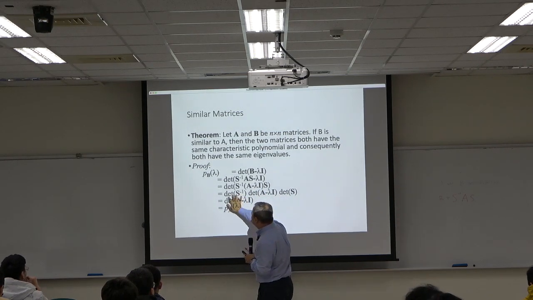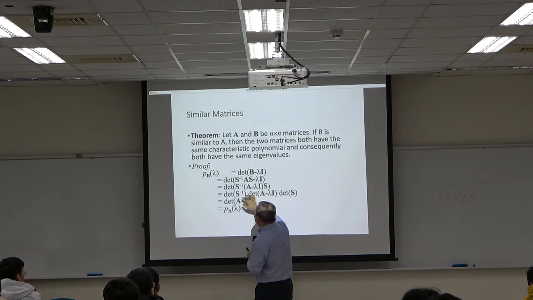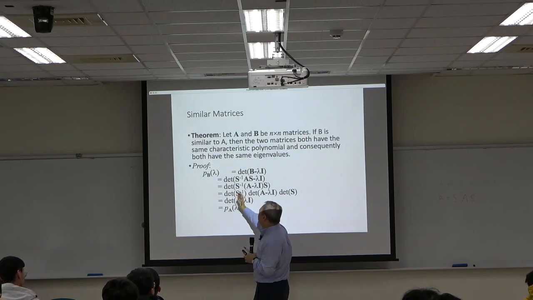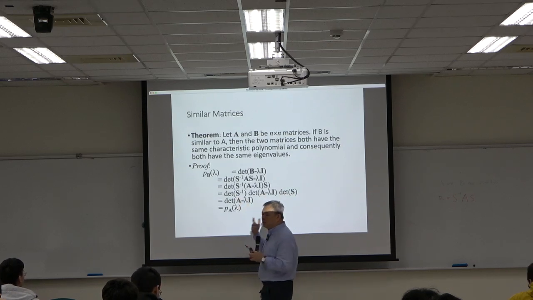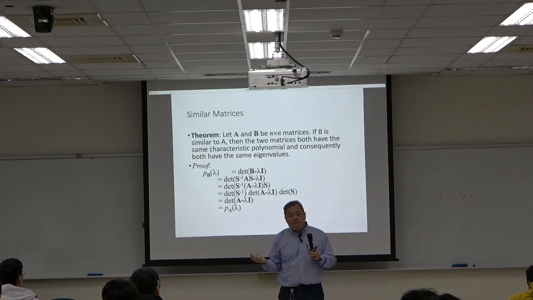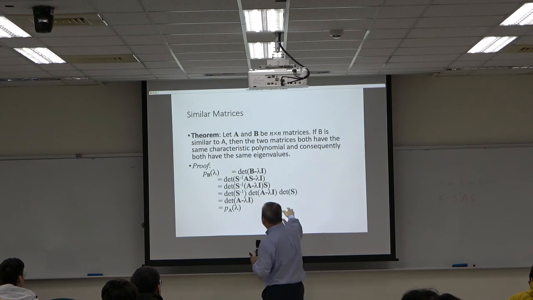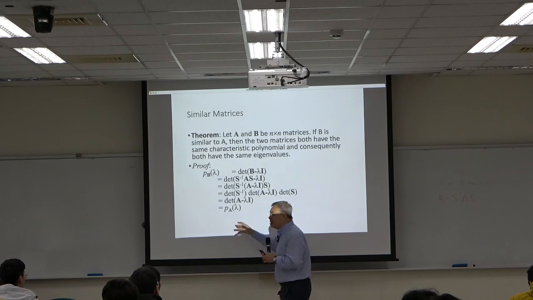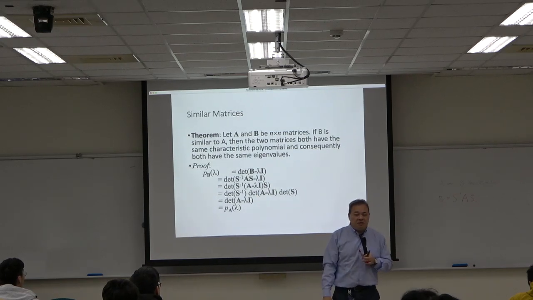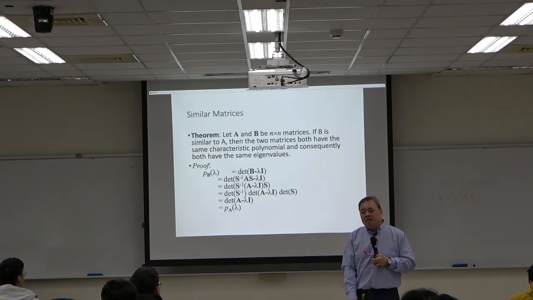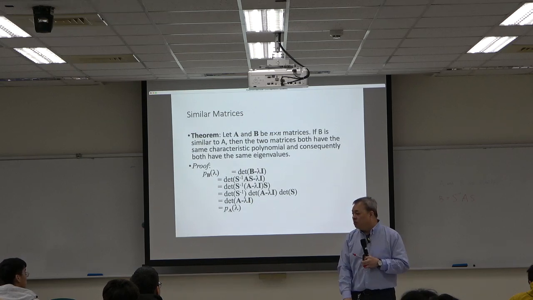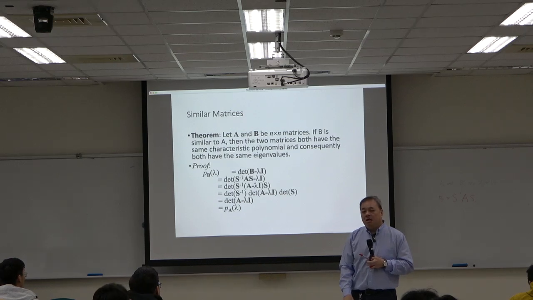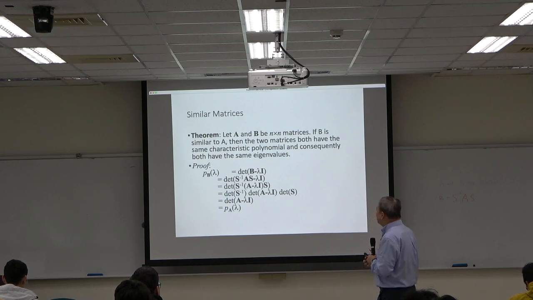But because the determinant of S inverse and the determinant of S multiply to be 1, it will be P_A of lambda. So P_B of lambda equals P_A of lambda. In other words, since their characteristic polynomials are the same, they have the same eigenvalues.